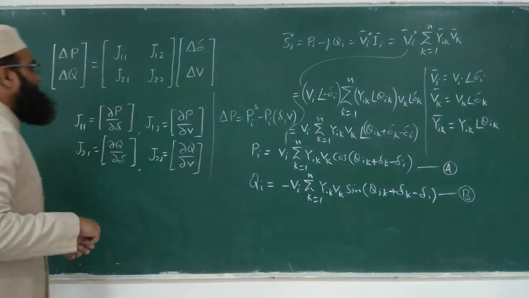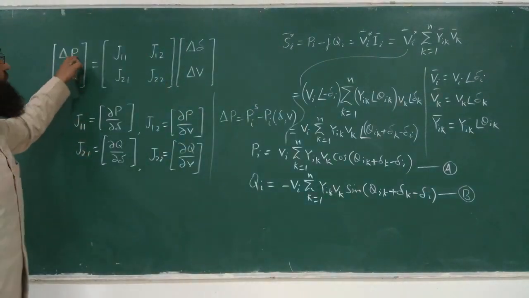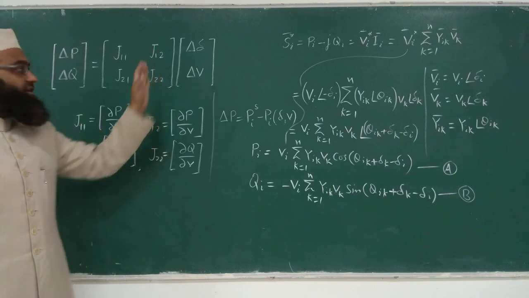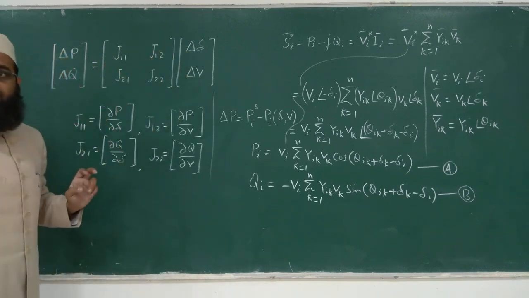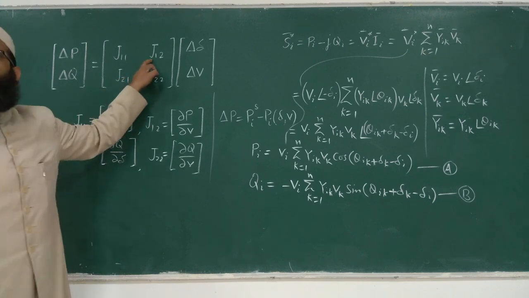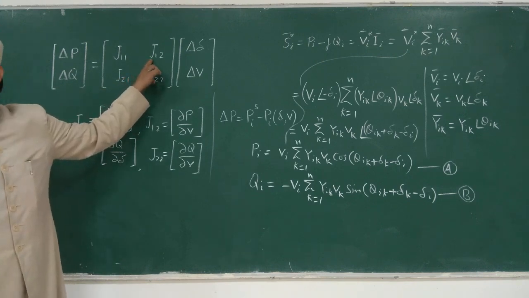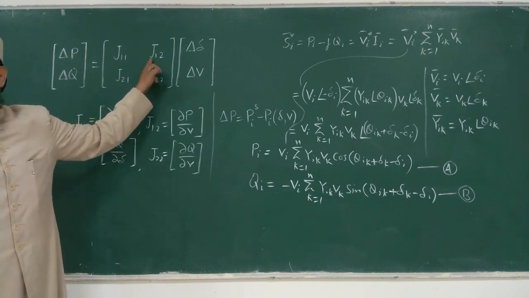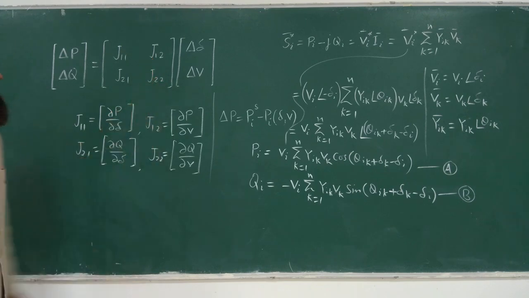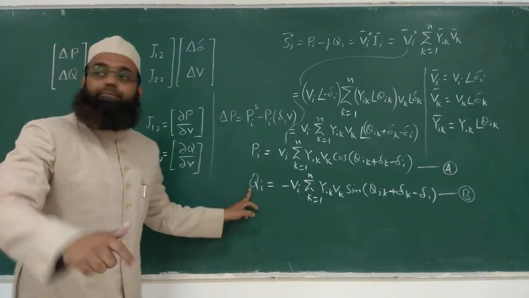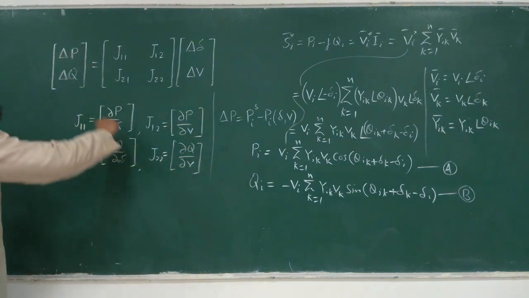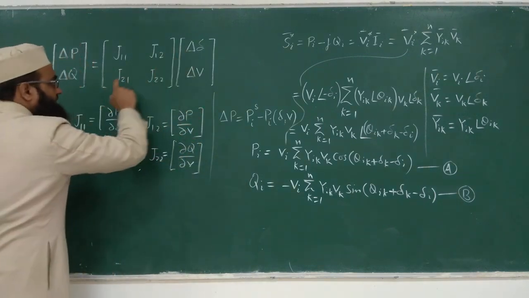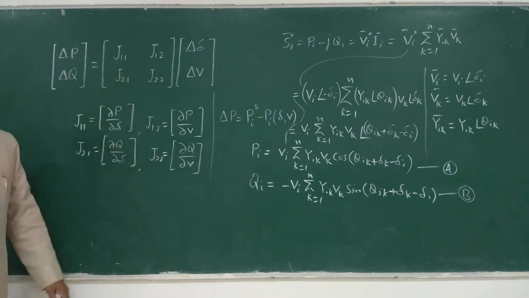So if we are saying that this is mainly depending on delta, it means this is nothing but this into this plus this into this. It means we are saying that this should be nearly equal to 0, is not it? And we are saying that Q is mainly depending on V. So in other words, we are saying that this times this should be 0.